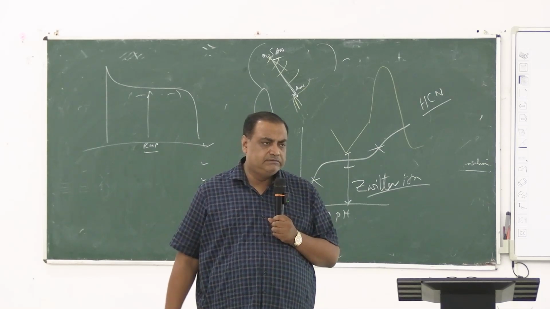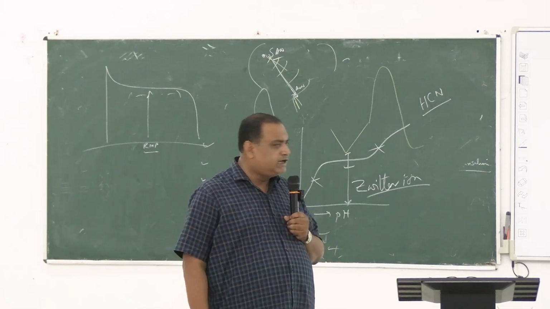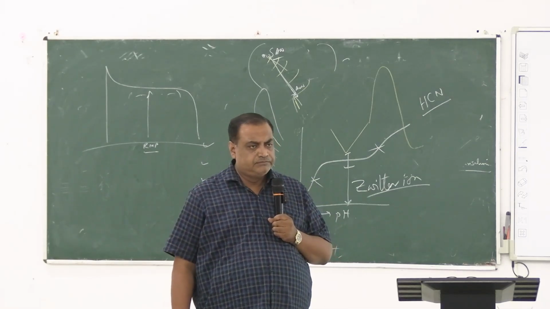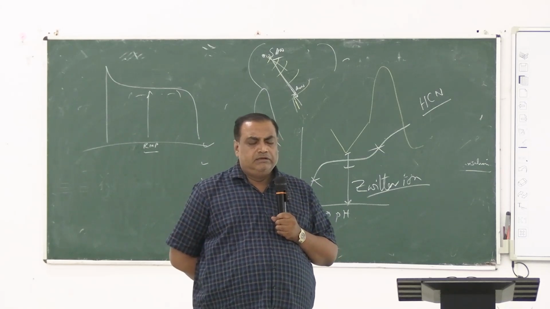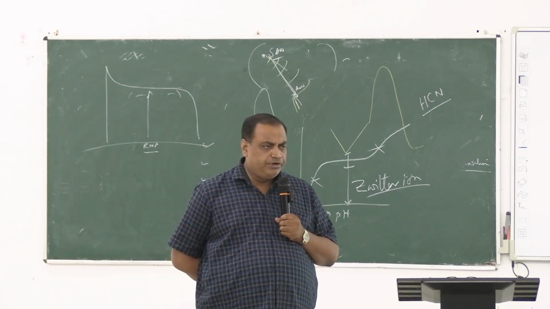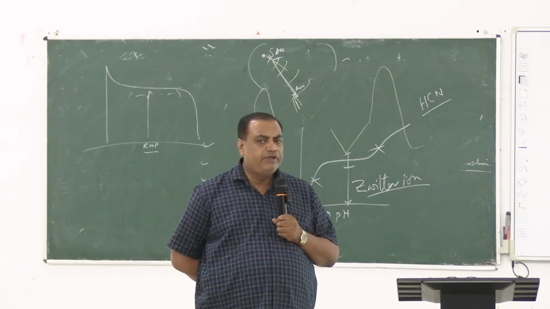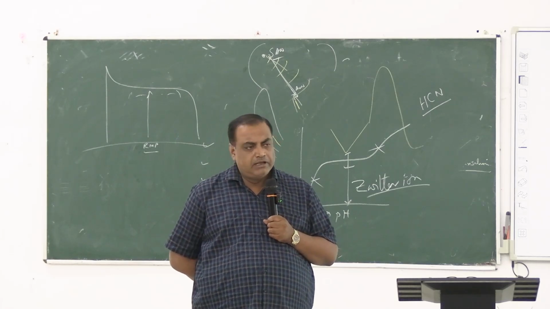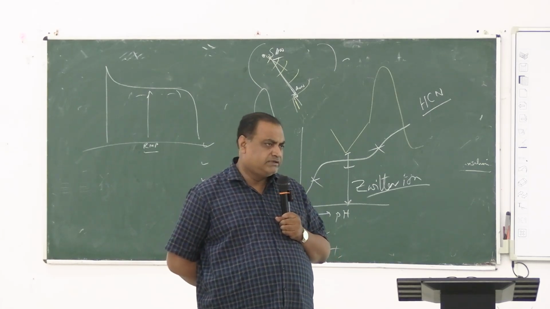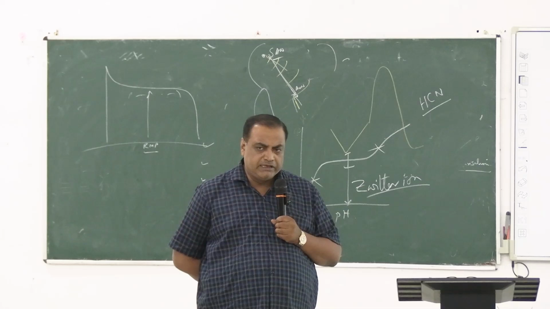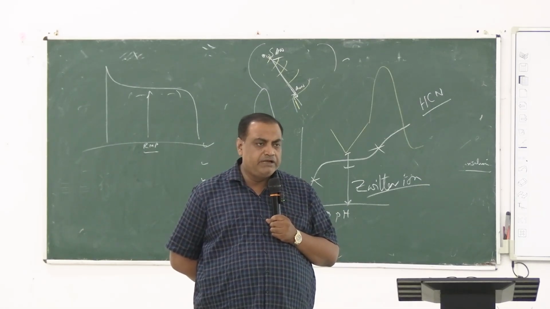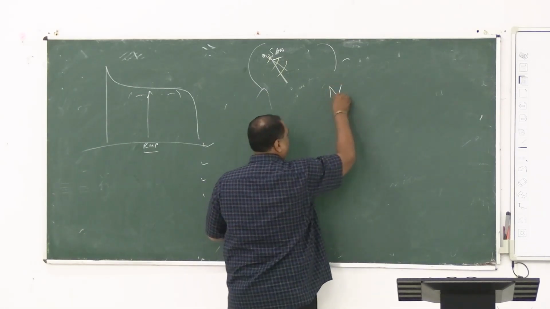What is this? Any idea? In the last class, sir taught you a few reactions of amino acids. Among them, one reaction he could not finish, that is the ninhydrin reaction.